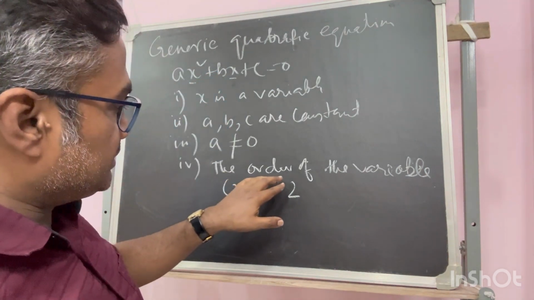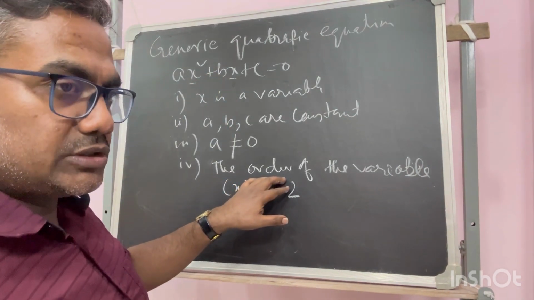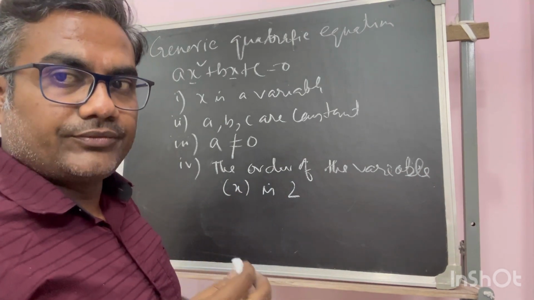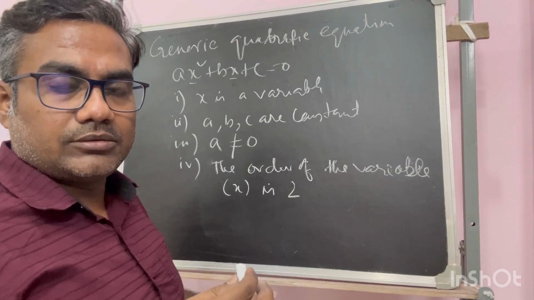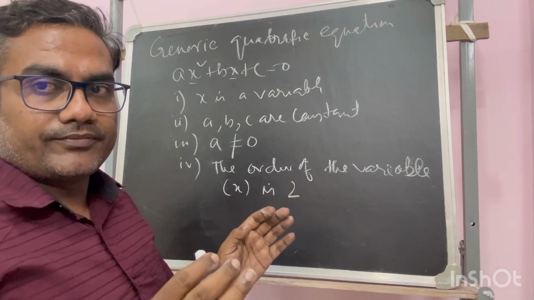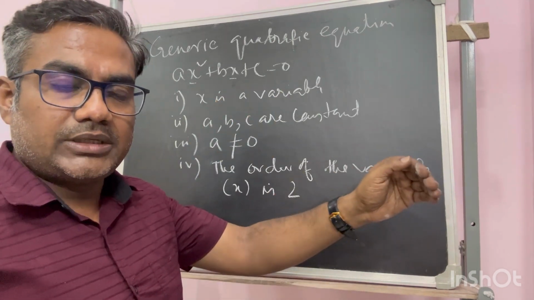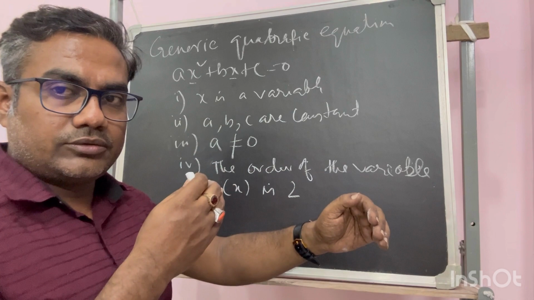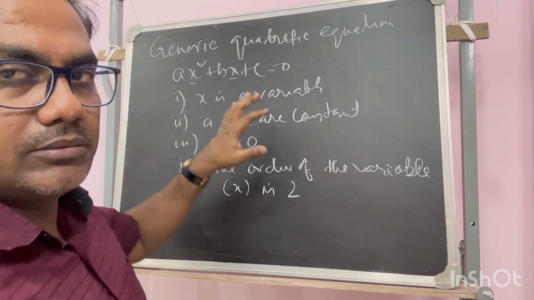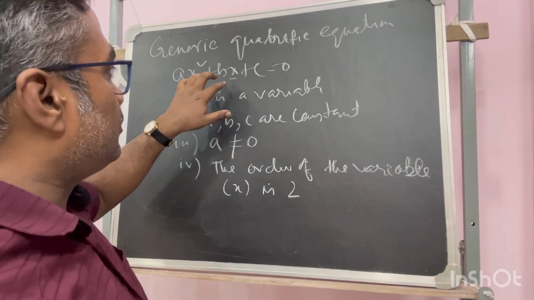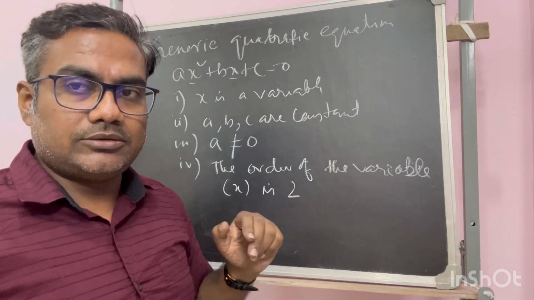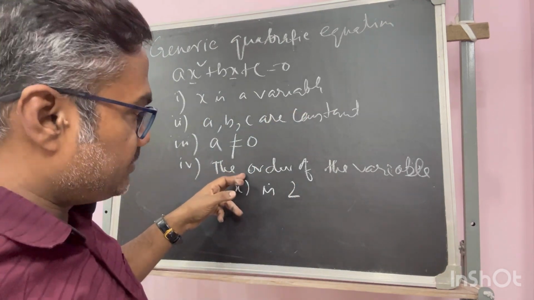If I say the maximum is 2, there is always a possibility to ask what the minimum value is, because when you define something as maximum, there has to be a minimum, but there is nothing minimum here. Because a quadratic equation is true only when the order is 2, not less than 2. So I cannot write here that it is the maximum order.